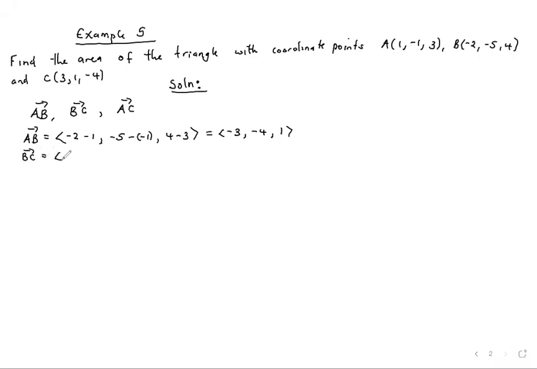And then vector BC. So you first pick the coordinate of the inner point. So BC, you start with C, you pick 3, minus, go to B, pick -2, comma, go to the y coordinate 1, minus, the y coordinate in B, -5, comma, -4 minus 4.